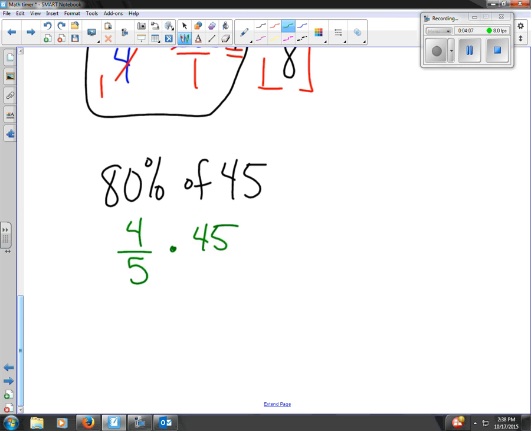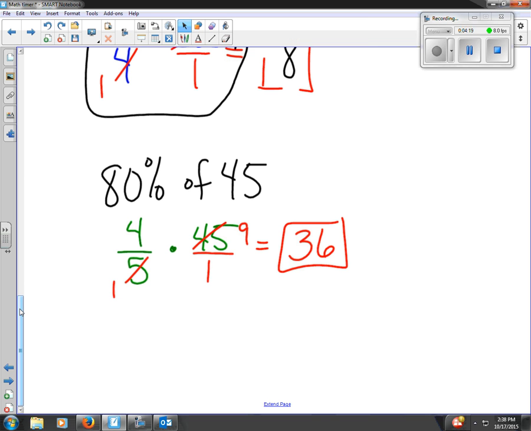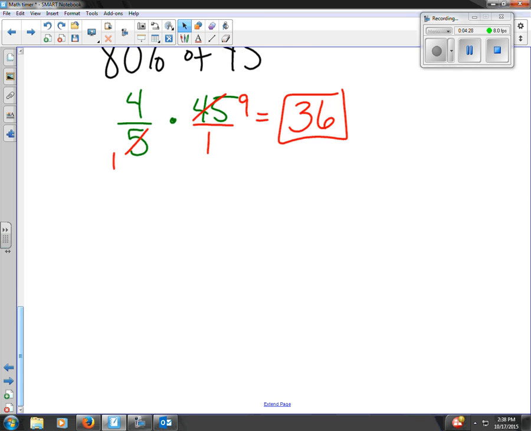Put it over 1, cancels out, cancels out. So that answer is 36. And they're really expecting you just to have 36. I'm showing you the methods that you could do in your head, so that you know what to do. You can do it in your head and just write down 36 or whatever the answer may be.